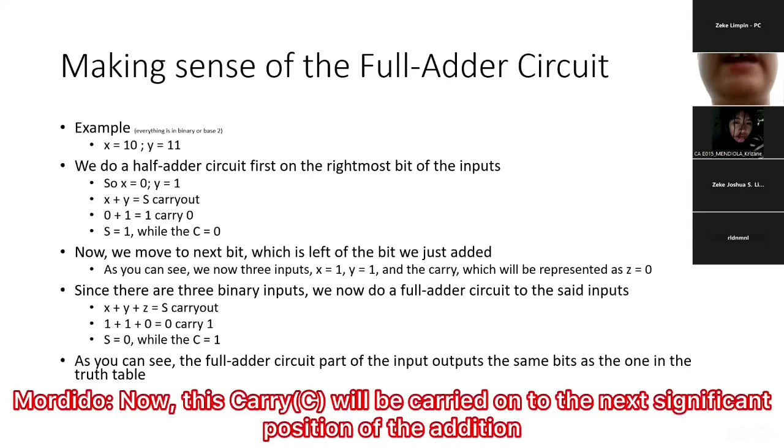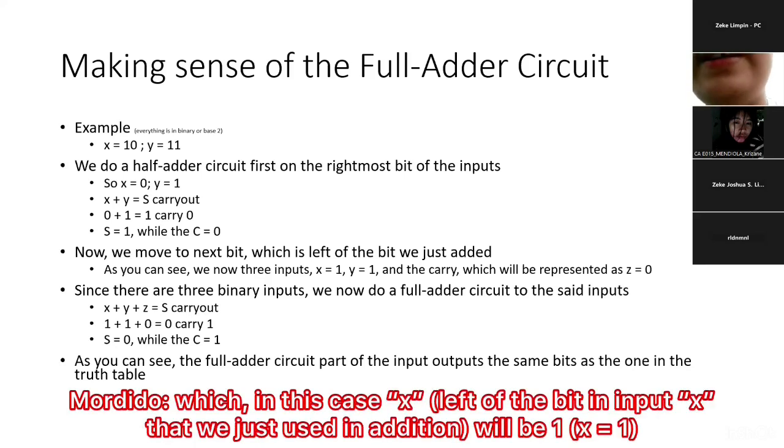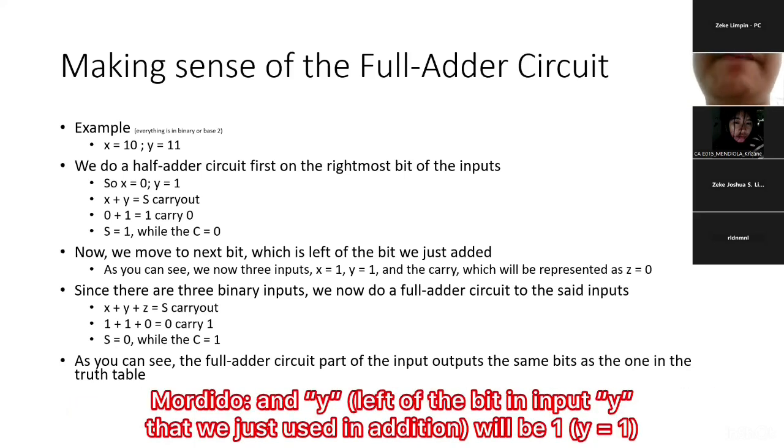Now, this carry will be carried on to the next significant position of the addition, which will be the left bit of the bit that we just added, which in this case, x will be equal to 1 and y will be equal to 1.